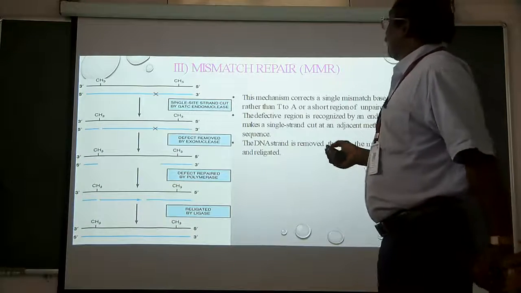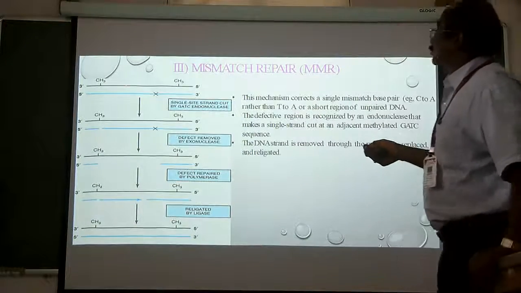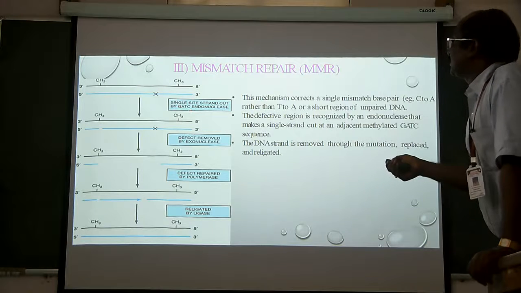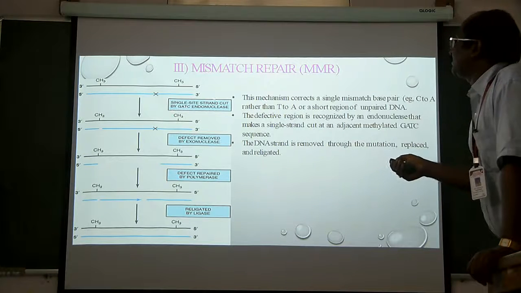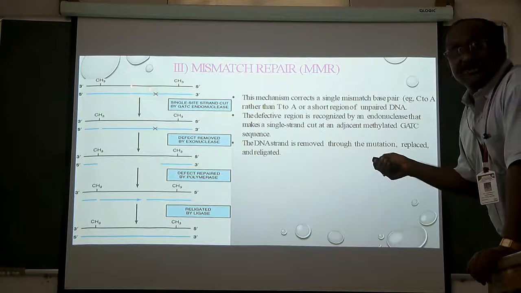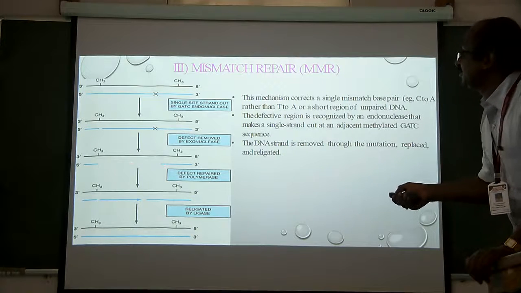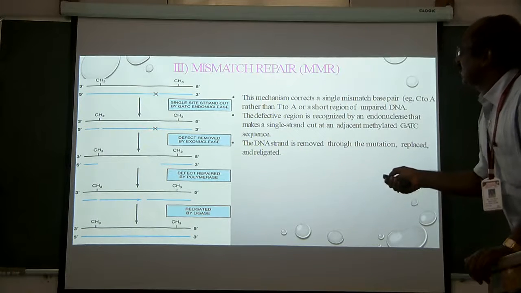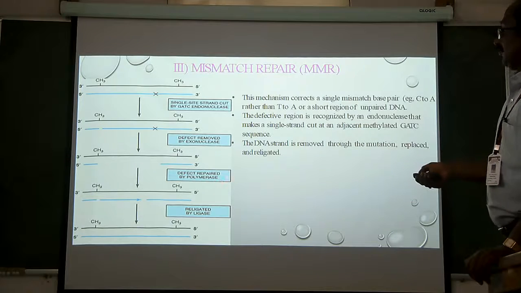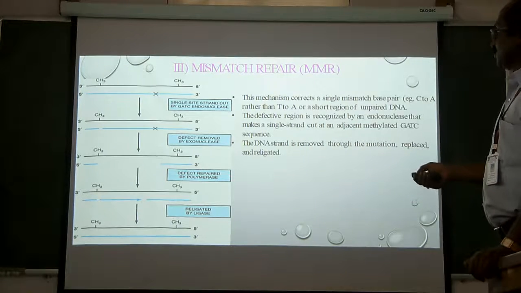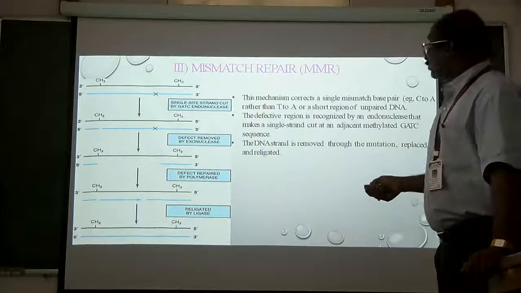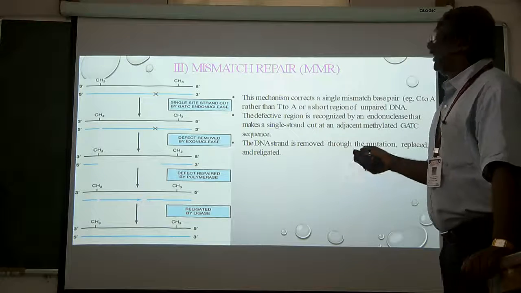So in the mismatch repair, you can see what I have just explained. This is the strand where you can see a single strand cut by a GATC endonuclease. This strand is cut and the defect is removed, the defective base pair is removed.